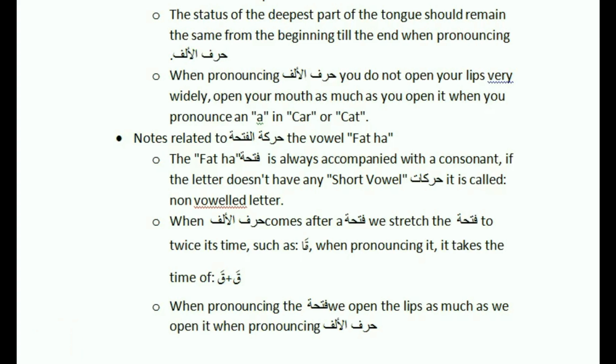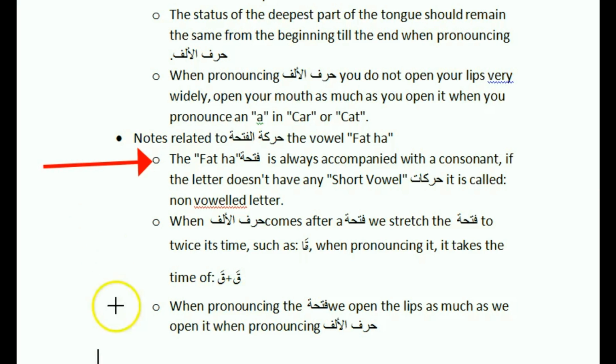Now, here are some notes related to al-fatha. Note number 1. A fatha is always accompanied with a consonant. If the letter does not have any short vowel, such as a fatha, as we learned before, or a dhamma or a kasra, we will call it a non-voweled letter.